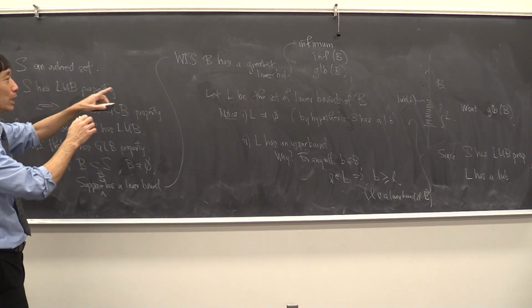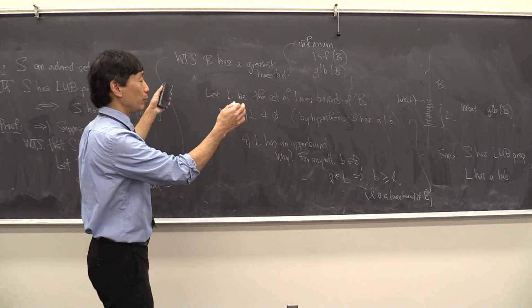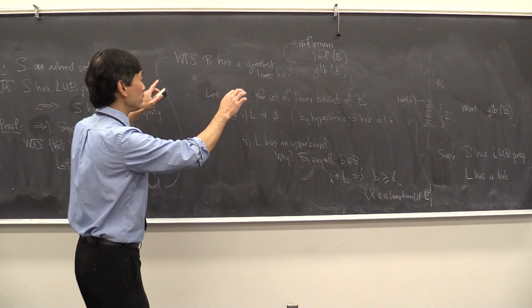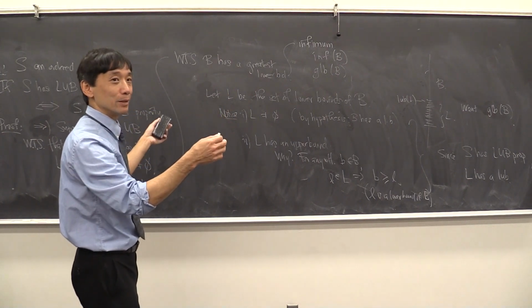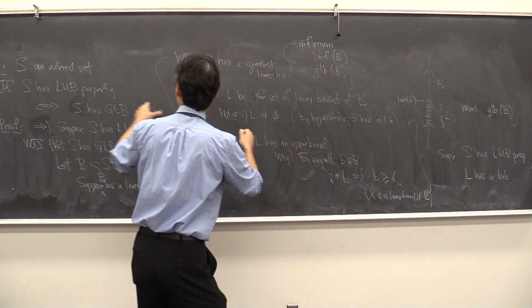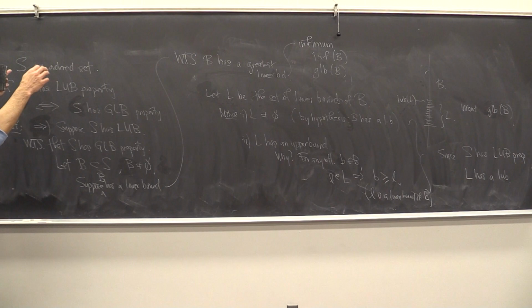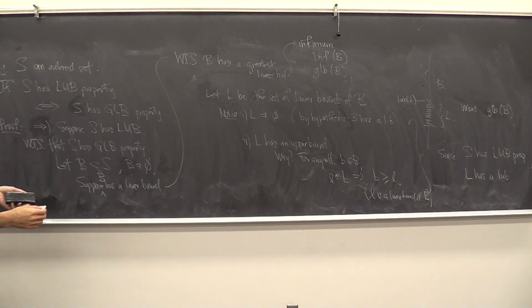Right? So when we're talking about the set of lower bounds of B, we're not talking about within some other set, that is within S. So we don't have to say that it's a subset of S, because we're only talking about this world of S.